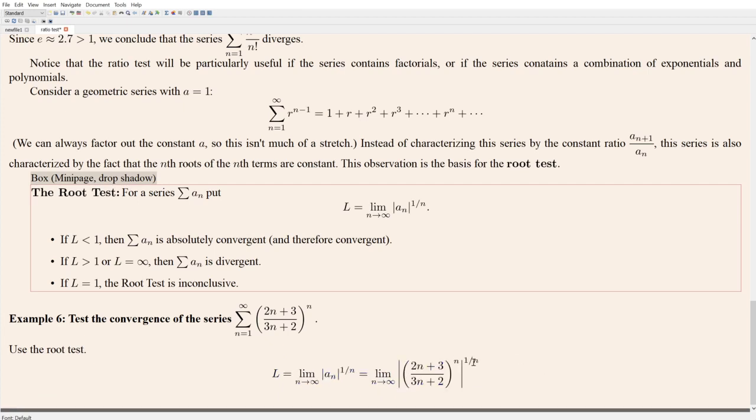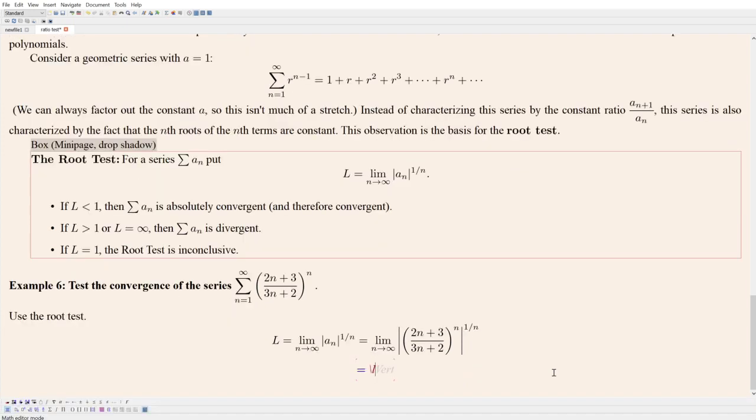And of course, this n and this 1 over n are just begging to be cancelled by each other. The absolute values don't affect that. Exponents commute over absolute values, no problem. Actually, we don't even have to go that far, because all of this stuff is clearly positive in the first place. So these absolute values may as well just be parentheses. But yeah, this n and this 1 over n cancel each other.